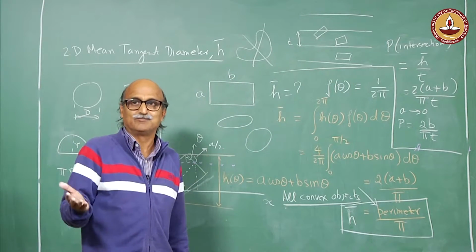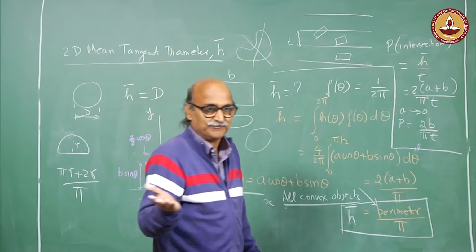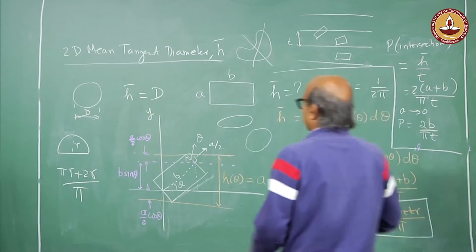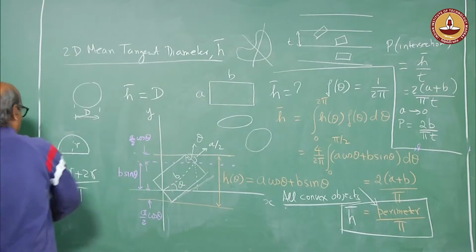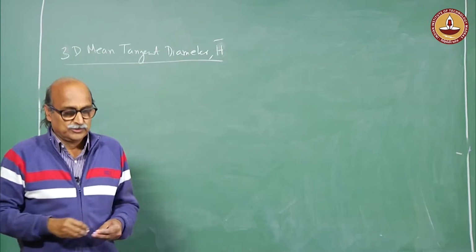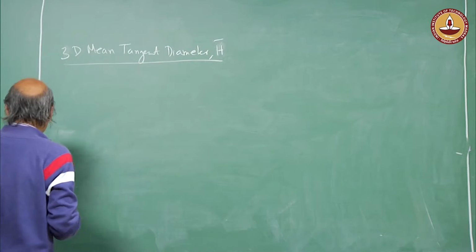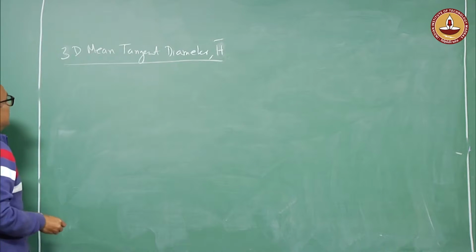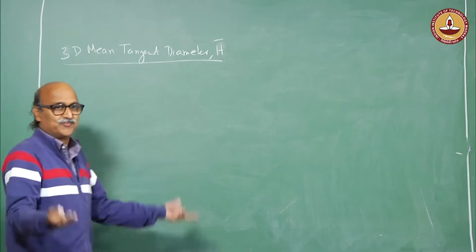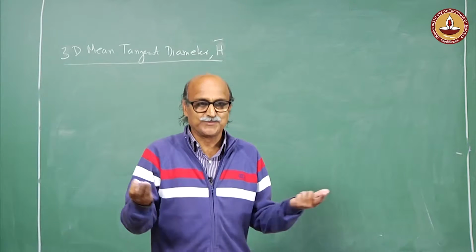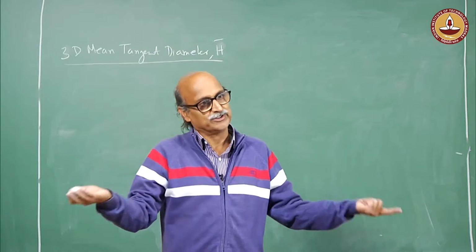Let us take one example in a 3 dimensional situation, and that also we will go through the derivation for. So, for the 3 dimensional mean tangent diameter, again for a sphere of diameter d, what would be its mean tangent diameter? It will be the diameter.